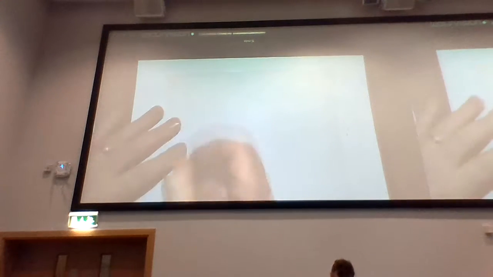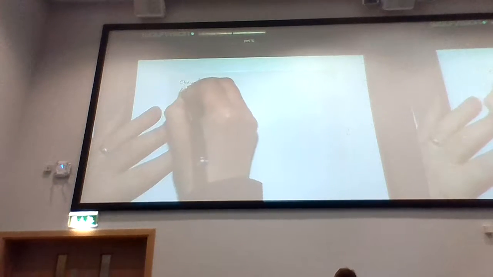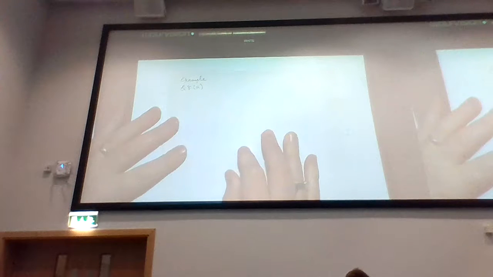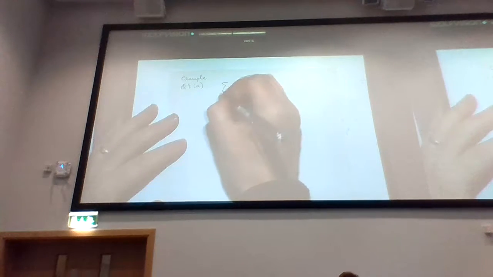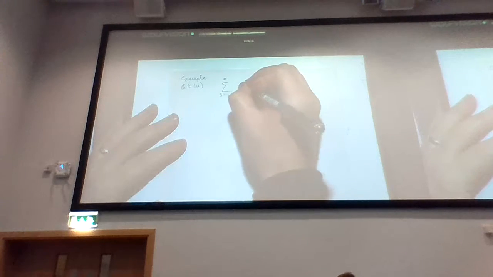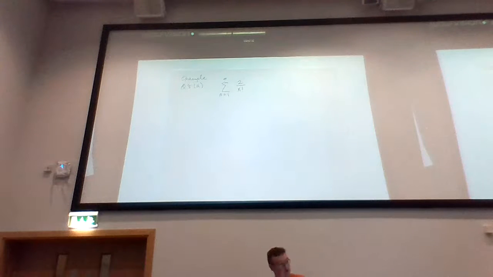But let's look at an example. Question 8a from the end of chapter exercises is this series here: the sum of 2 to the n over n factorial. So is this convergent or not?